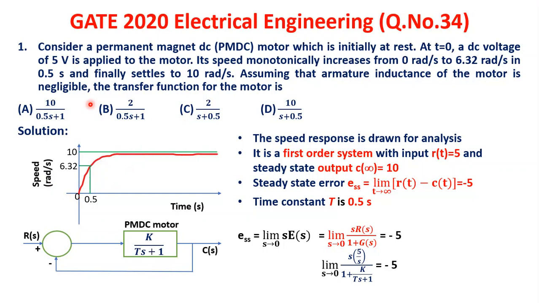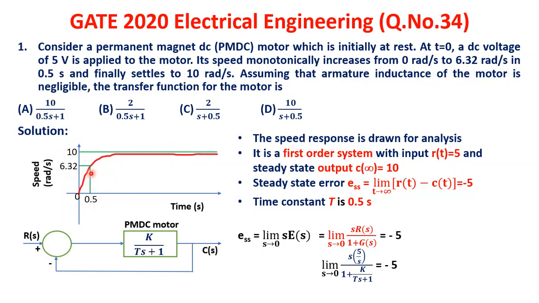So it rises from 0 to 6.3 radian per second in 0.5 second and settles down to 10. That means it is very similar to the time response of first order system that we considered in video 5. Time constant means the time taken by the system response to reach 63.2% of the final value. So 63.2% is 0.5.